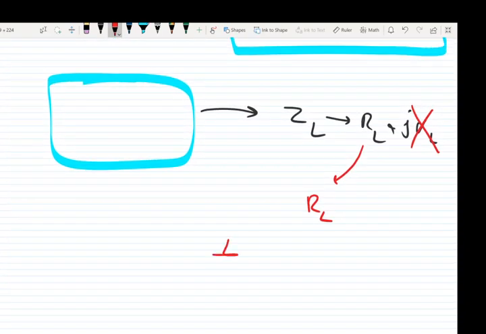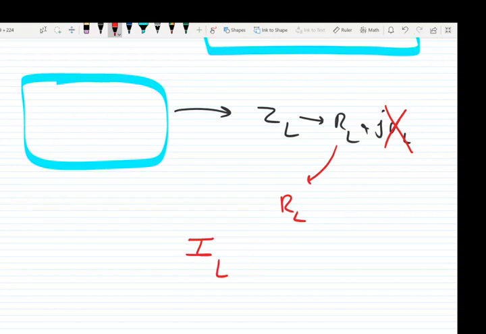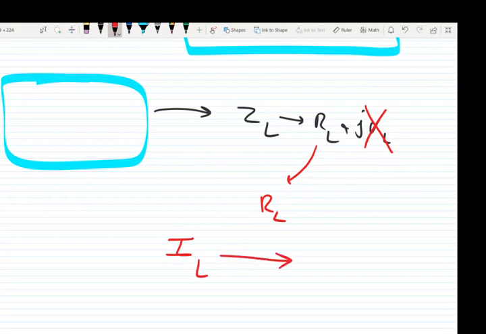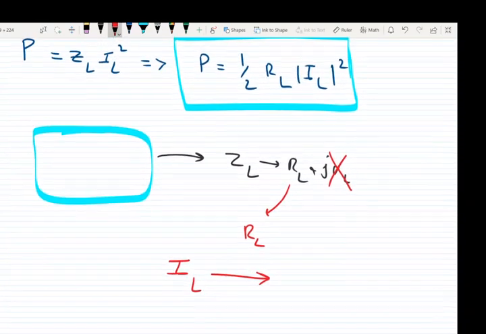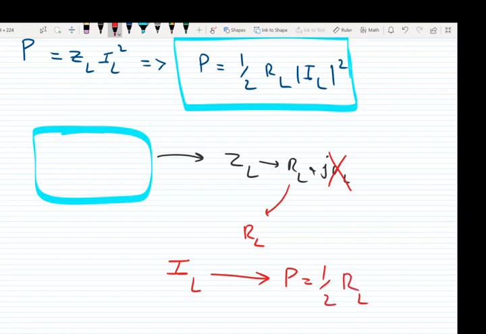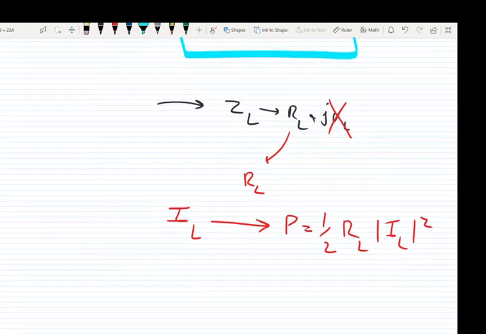Then find the current going through the resistor, going through the load, and when you got IL, use this equation: P is equal to 1/2 of RL IL square to find the power.